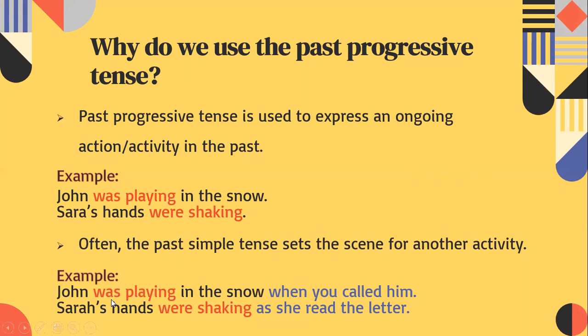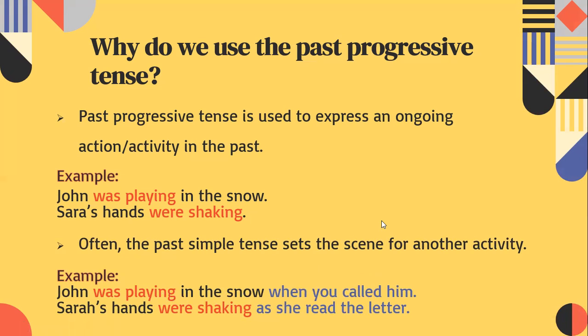So John originally was playing in the snow. So this is the action that was going on in the past, which is written in the past progressive tense. And another action interrupted this, which is another person called. So this action that interrupted this, I write it in the past simple.